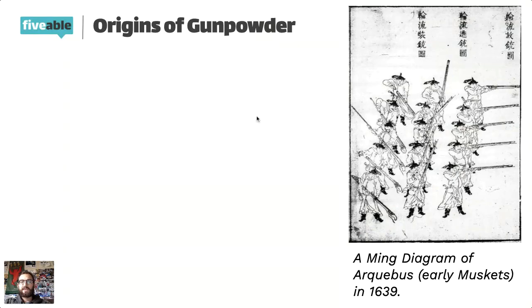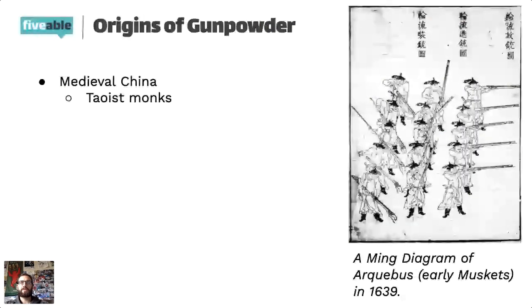So how do you get gunpowder? Well, you have Taoist monks, and remember, Taoism is one of the great religious, ideological, ethical movements of medieval China, which used to be taught in this course, but isn't taught anymore. Nonetheless, still makes an appearance. But they were trying to find an elixir for immortality by mixing together common material substances.